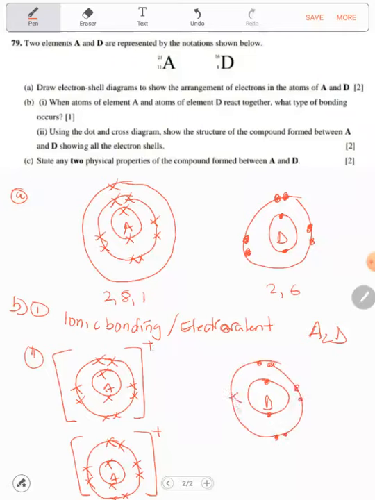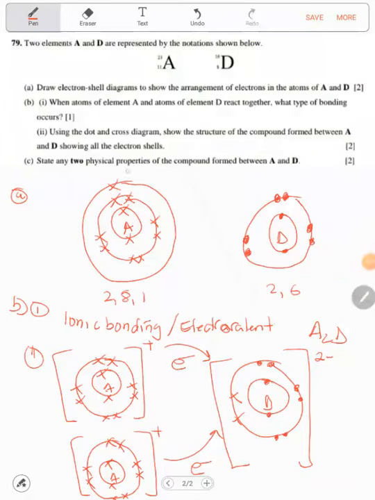I'll differentiate them, and show a negative 2. You show the gain of electron, and also the loss of electron. D is a non-metal, it's gaining electrons. Okay, I hope that's clear.